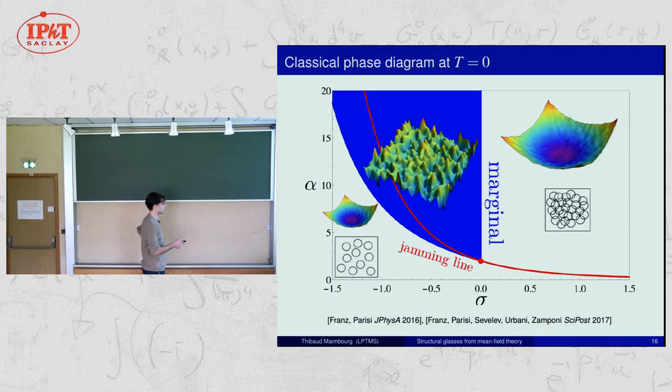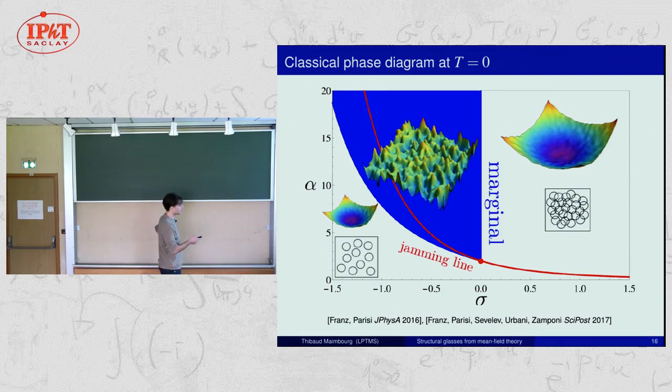If you increase the density above this red line, which is a jamming line, the ground state is full of overlaps. This jamming line is exactly as before: it signals the point where all particles are in contact. And this jamming critical transition has the same exponents as the infinite dimensional one, so it's the same universality class.